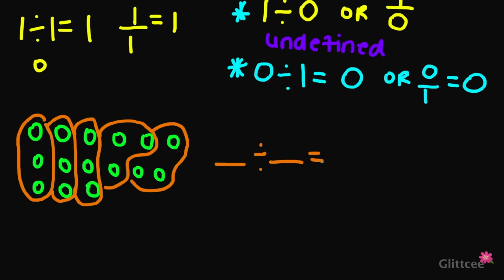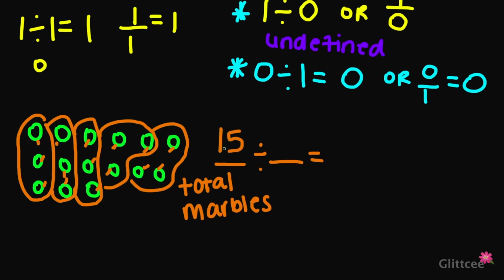Okay? So, what is the total number of marbles? We have 1, 2, 3, 4, 5, 6, 7, 8, 9, 10, 11, 12, 13, 14, 15. We have 15 marbles. How many marbles are in each group?